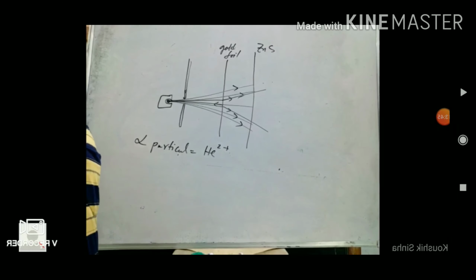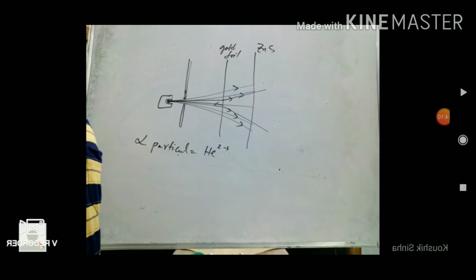Now, based on that scattering experiment, Rutherford gave the Rutherford model. According to that model, there are two parts. A highly dense, positively charged center, that is called the nucleus.